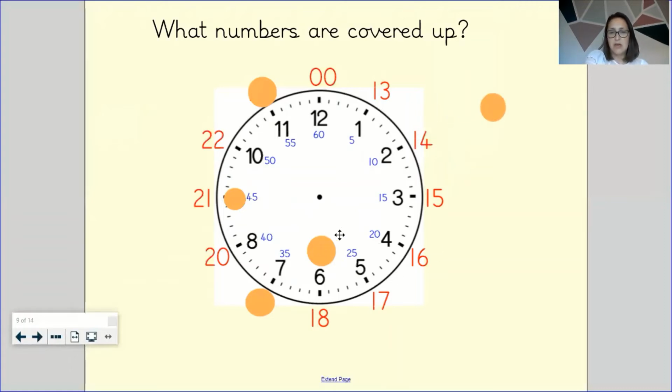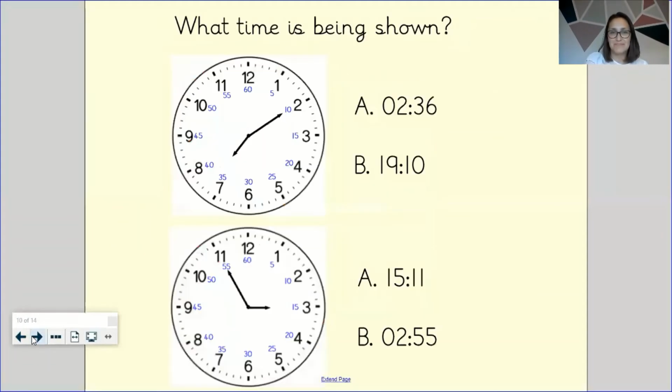Coming round, we know that when the minute hand points to here, the number of minutes in half an hour is 30. 7 p.m. is 19. 2100, but in AM, going to be 9. And 11 p.m., 23. Well done if you got those.